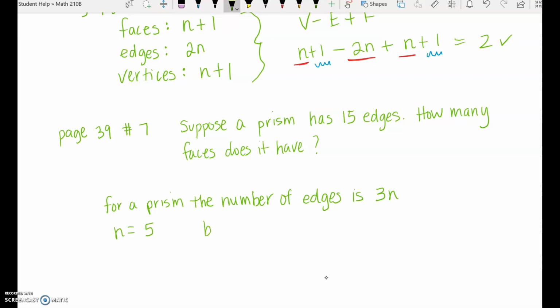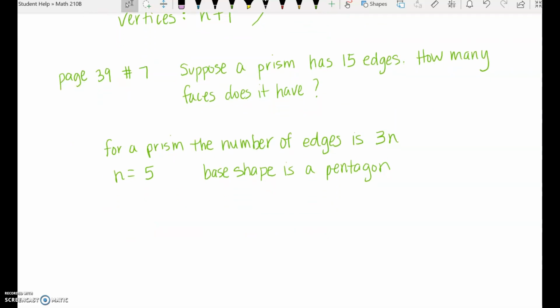So that means that our base shape is a pentagon. So in that case, the total number of faces is going to be 2, 1 for the top and the bottom, and then plus 5, because I'm going to have 5 rectangles on the side. So I think our answer is 7.